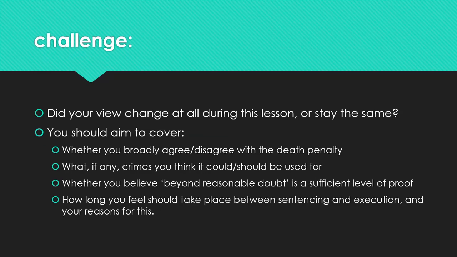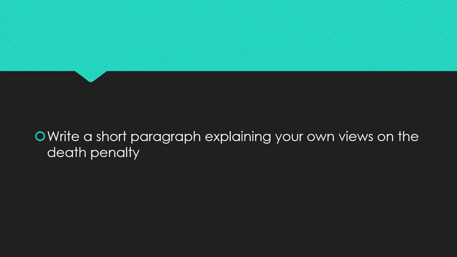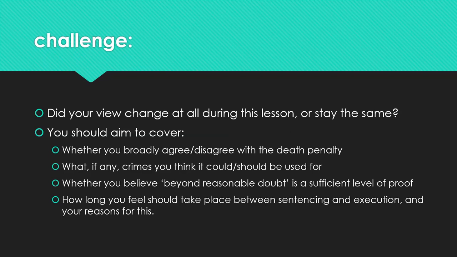Pause the video and do that now, please. And as we're coming to the end of our lesson now, I want you to think, did your view change at all during this lesson, or did it stay the same?